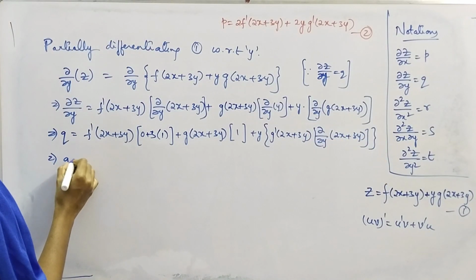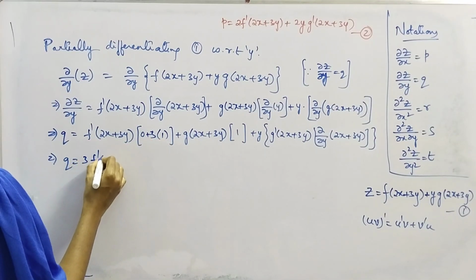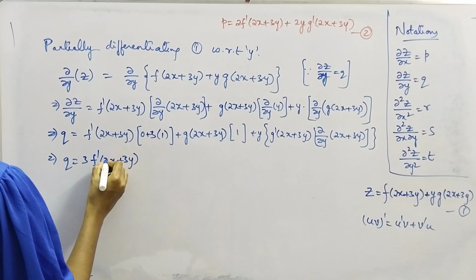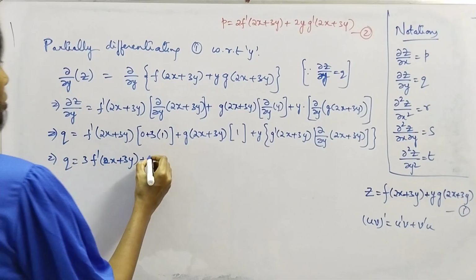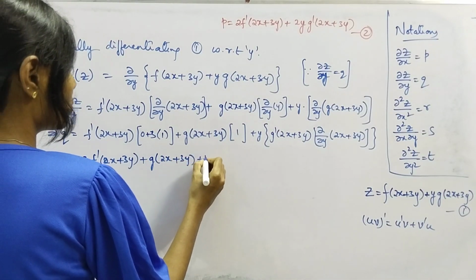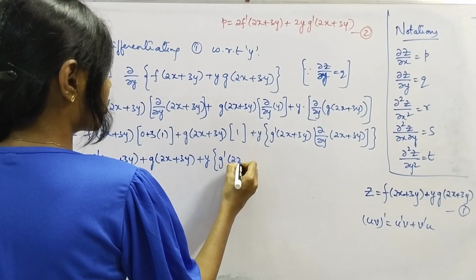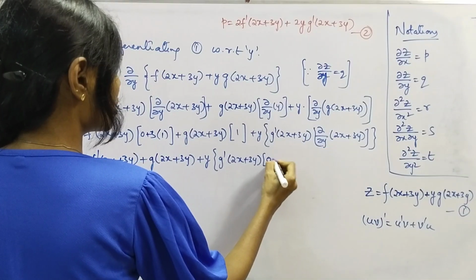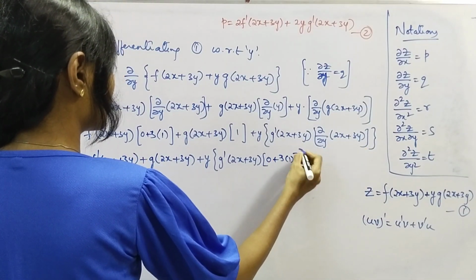This gives us q equal to 3 into 1 plus 0, 3 into f dash is 3f dash, that is 3 into f dash of 2x plus 3y, right? Plus g of 2x plus 3y into 1 is g of 2x plus 3y, plus y times g dash of 2x plus 3y into partial derivative of 2x with respect to y is 0 plus 3 times partial derivative of y with respect to y is 1.